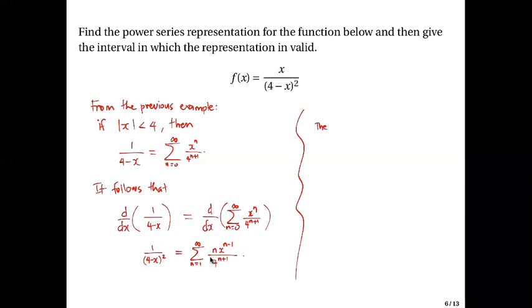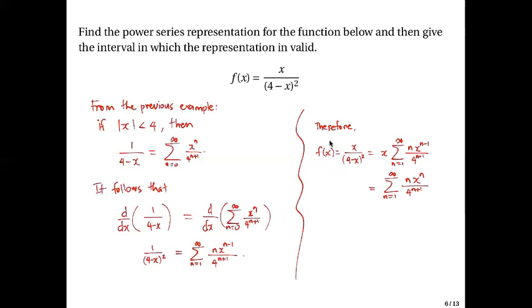So f of x, which is x over 4 minus x quantity squared, is equal to x times the series n x raised to n minus 1 over 4 raised to n plus 1, from 1 up to plus infinity, and this is just the sum from n equals 1 up to plus infinity of n times x raised to n over 4 raised to n plus 1.